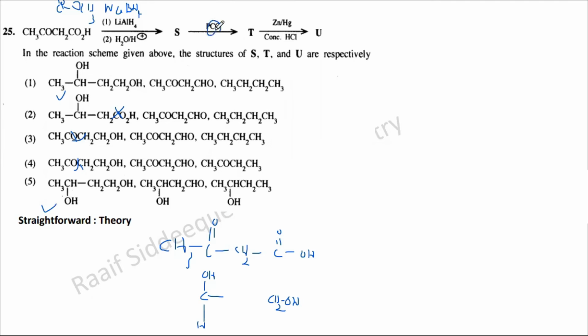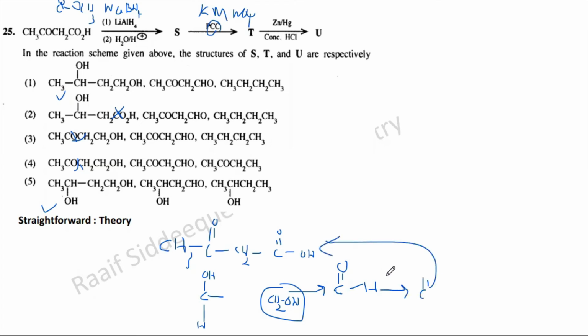And again PCC. So this is again the other way around. You need to understand the difference between using KMnO4 and PCC. Pyridinium chlorochromate, PCC, is a mild oxidizing agent, while KMnO4 is a strong oxidizing agent. So when you have KMnO4 and a primary alcohol, first it will convert the primary alcohol to an aldehyde, and then further oxidize this aldehyde into a carboxylic acid.